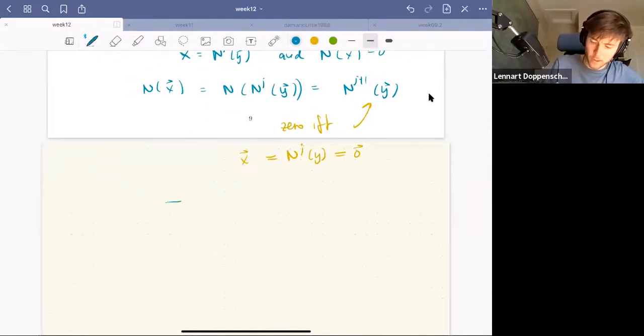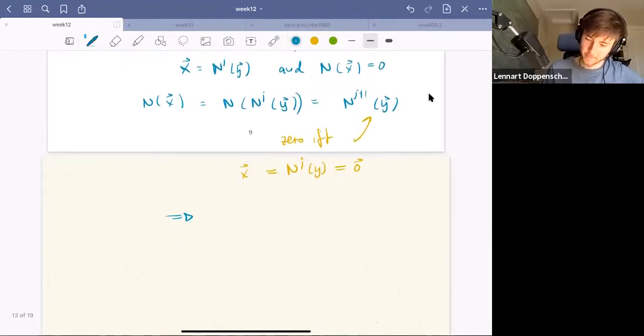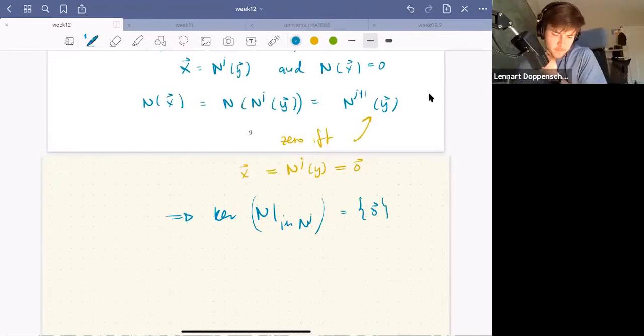So what we've shown is that the kernel of n restricted to the image of n to the j is trivial. But this is a problem.